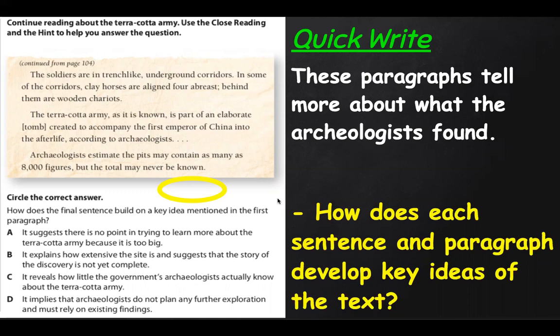That does not make sense either because the paragraph says they estimate the pits may contain as many as 8,000 figures, so they actually do know a lot. And D, it implies that archaeologists do not plan any further exploration. It's the same thing as A, so it's wrong. So B is the correct answer.